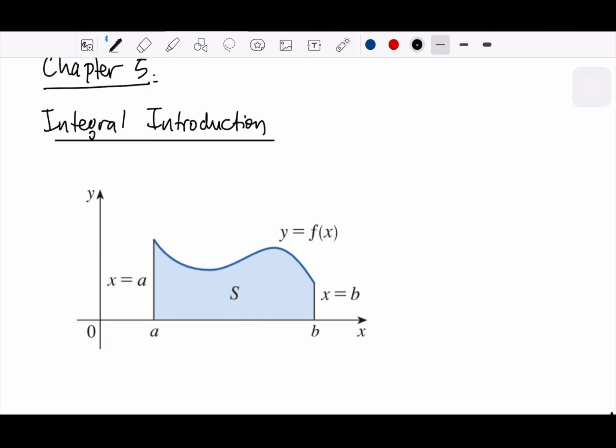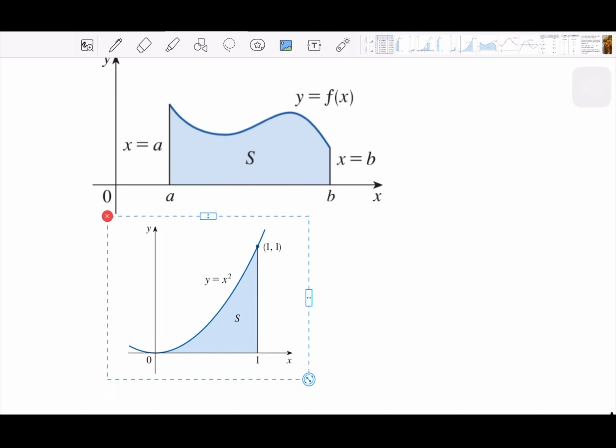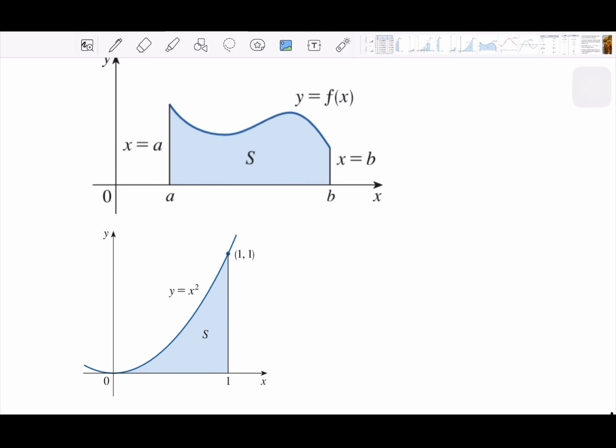Okay, to help you get through how to compute the area, we could think from our simple functions. Maybe take x squared. Let me give you another picture. Let's take x squared.